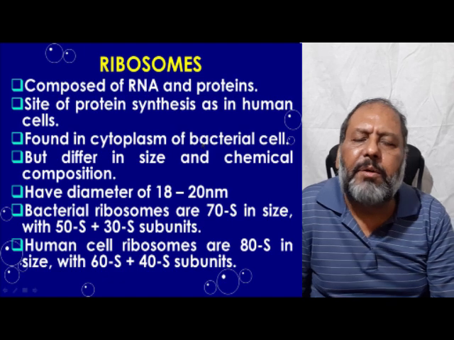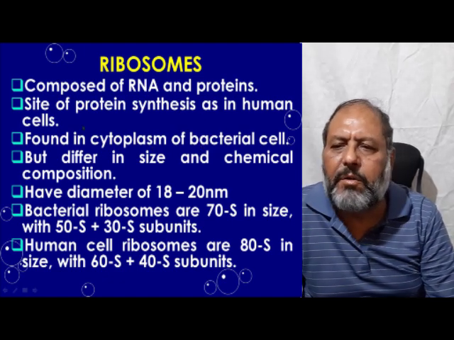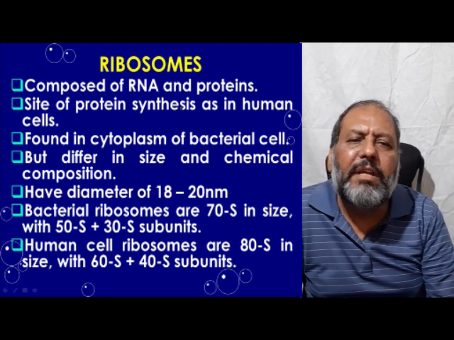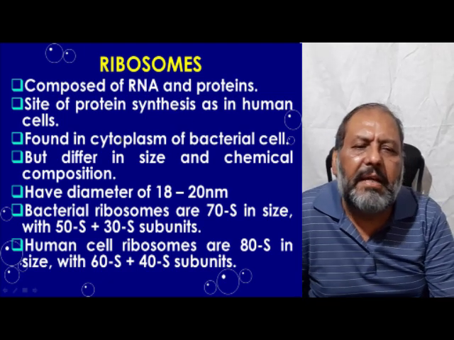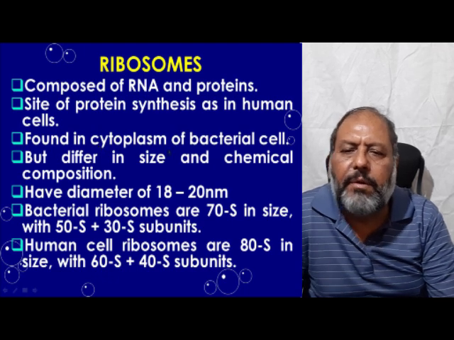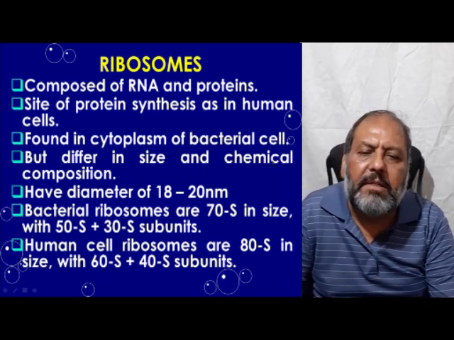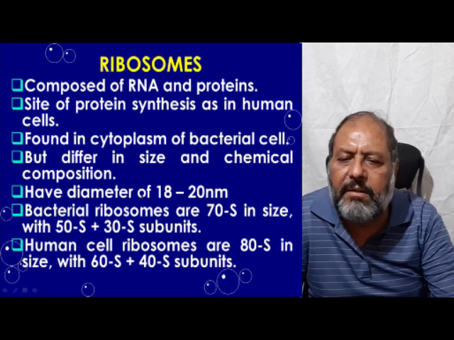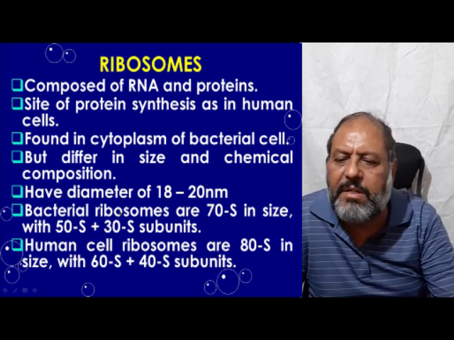Now the ribosomes. Ribosomes are composed of RNA and proteins. These are the protein factories of the bacteria, sites of protein synthesis as in the human cell, found in the cytoplasm of the bacterial cell. But the size and chemical composition are different; they have a diameter of about 18 to 20 nanometers.